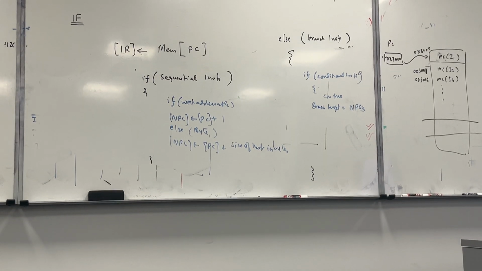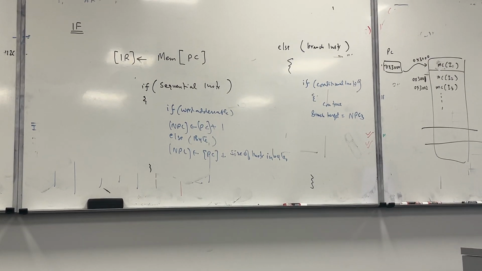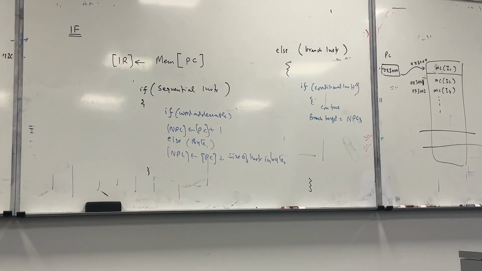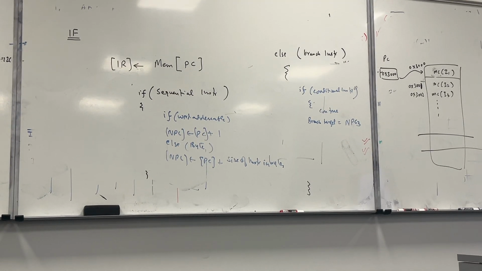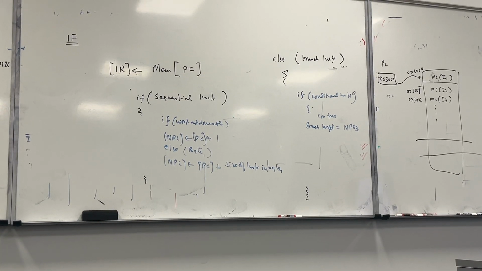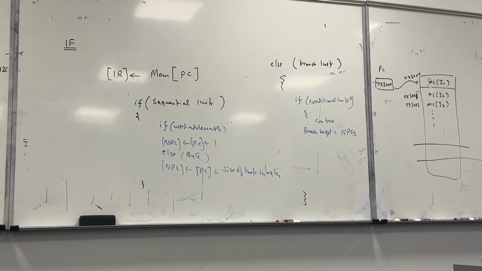Because this PC is, please remember, now here in this example. What is the size of the instruction? 4 bytes. Is it byte addressable or word addressable? Byte addressable. Why? Because the size of the instruction is 4. If it's word addressable, what will be here instead of 4? 1. So this is for a sequential instruction. But if it's a branch instruction, we need to compute NPC1, NPC2, and then we check the condition.